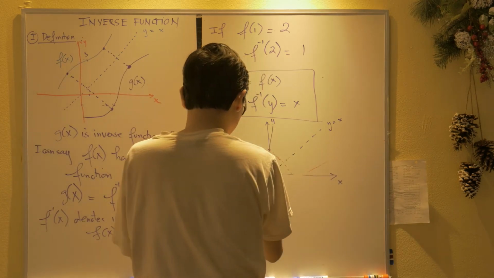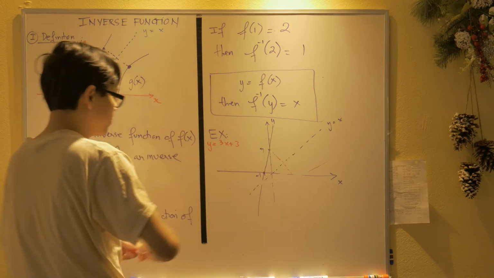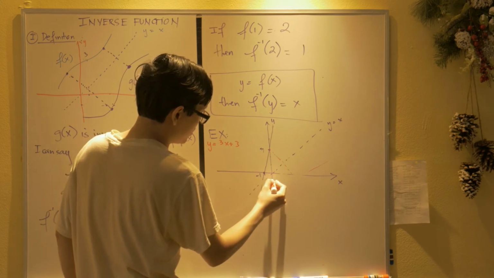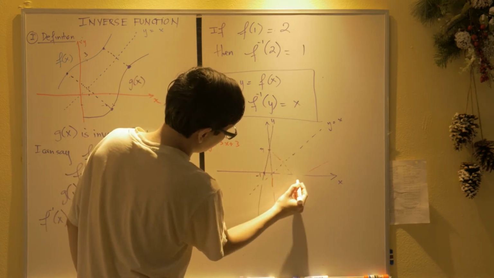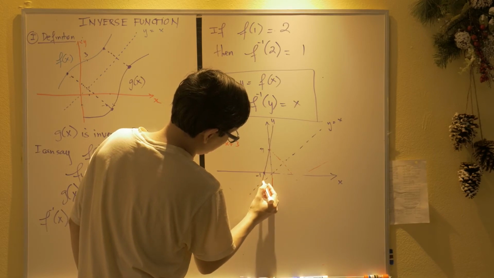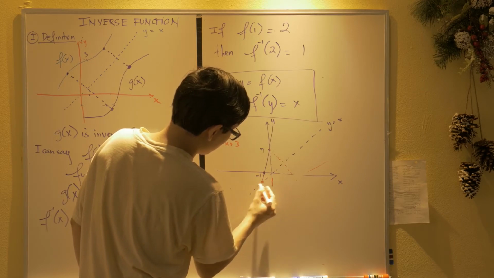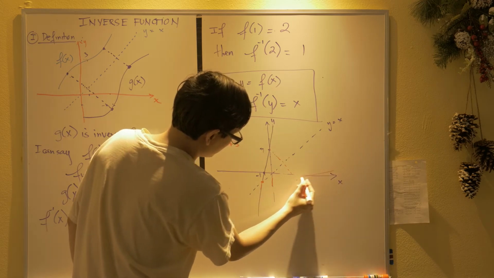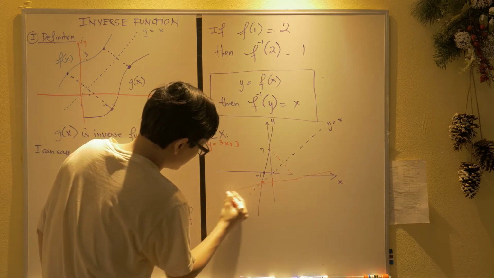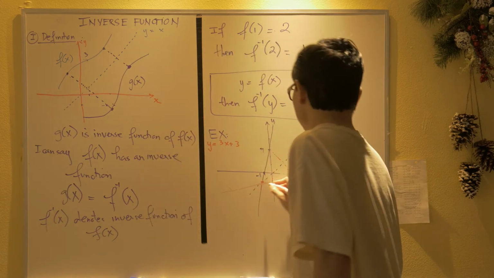Something like that. So it's very hard to draw the symmetric one. So this over here is over here, right? Then it's gonna cut here. So it's kind of something like that, you know? There you go.